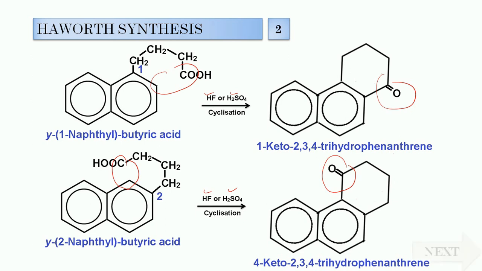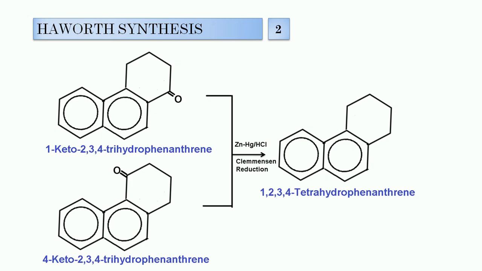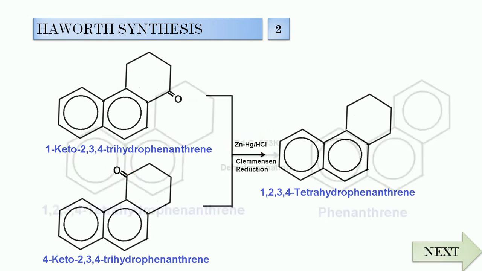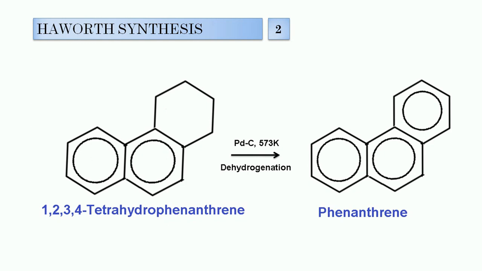Then finally, these two isomers further undergo Clemmensen reduction with the help of zinc, mercury and hydrochloric acid, and reduction occurs at the center, and it gives a single product, that is 1,2,3,4-tetrahydrophenanthrene. In the last step, this 1,2,3,4-tetrahydrophenanthrene undergoes dehydrogenation with the help of palladium carbon at 573 Kelvin, and it gives the final product, that is phenanthrene.